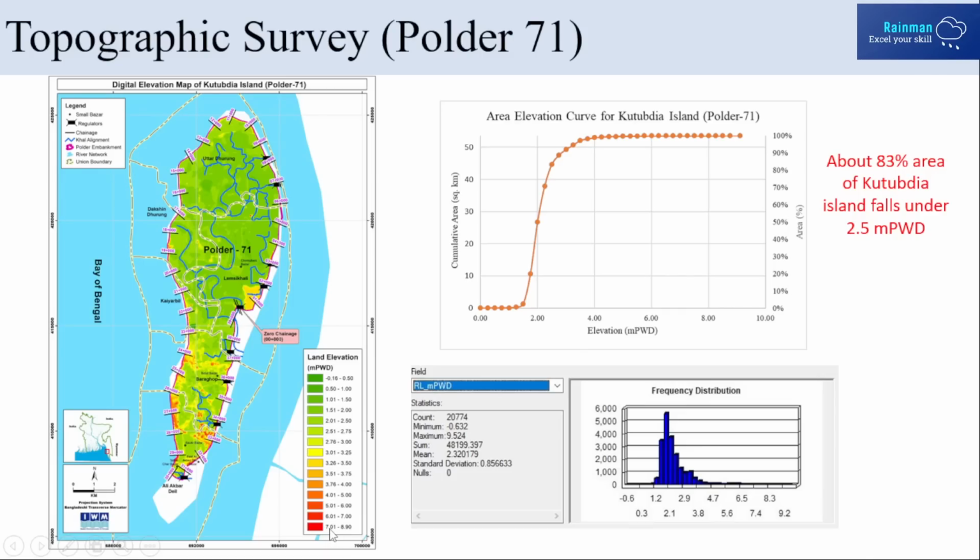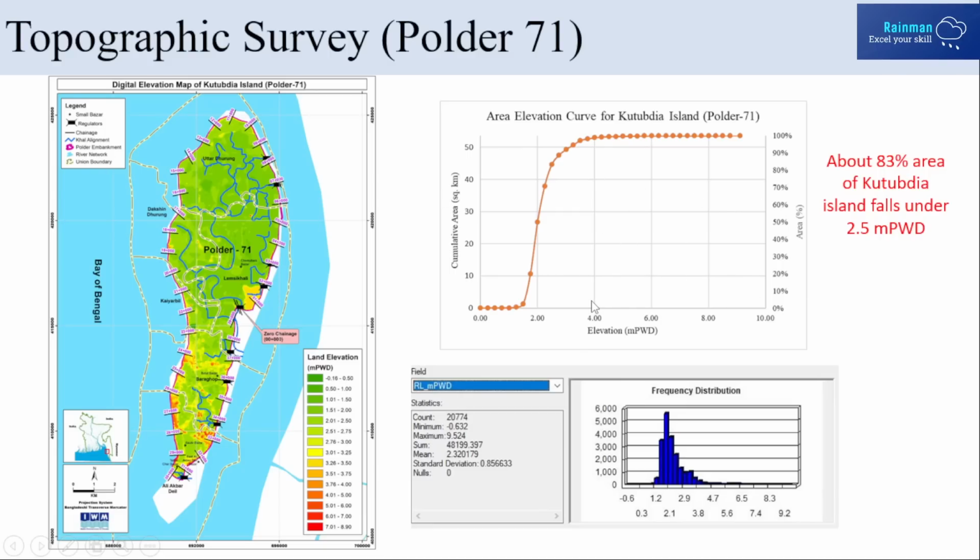See, there are also 7.5 to 8.9, which is very minor. So tiny areas fall in this range. So that's how we can understand the land level of a area by this area elevation curve.